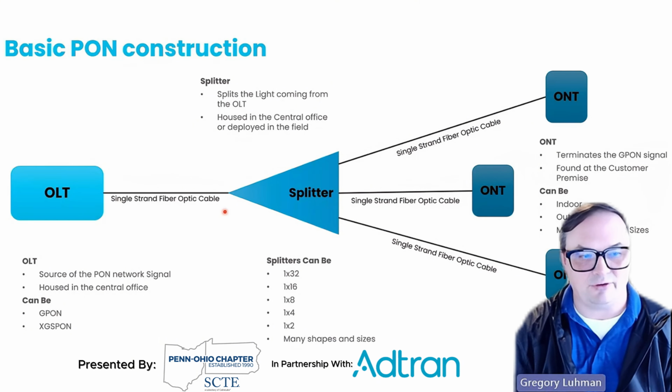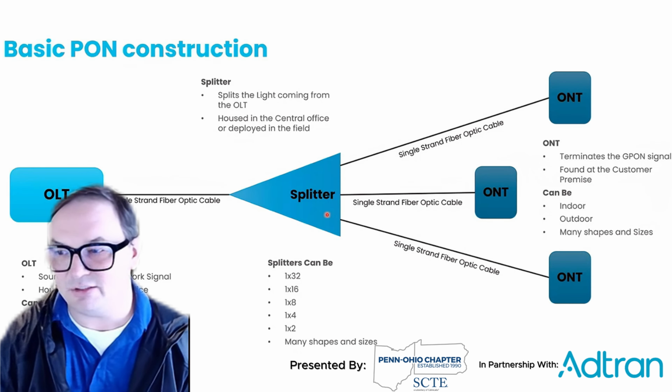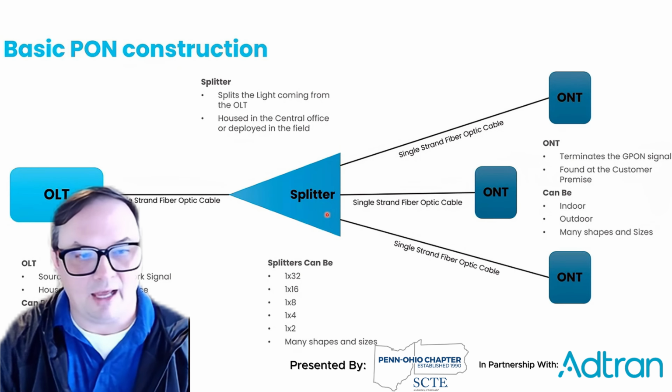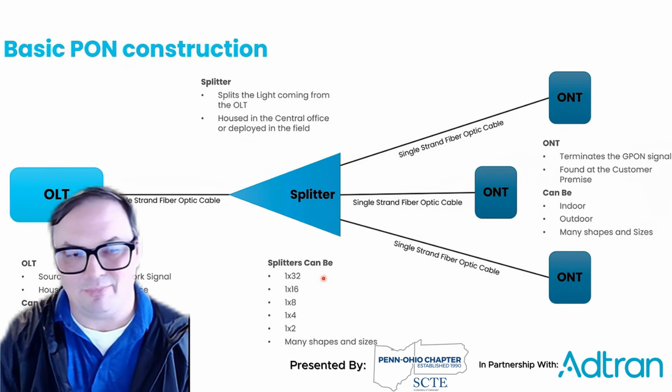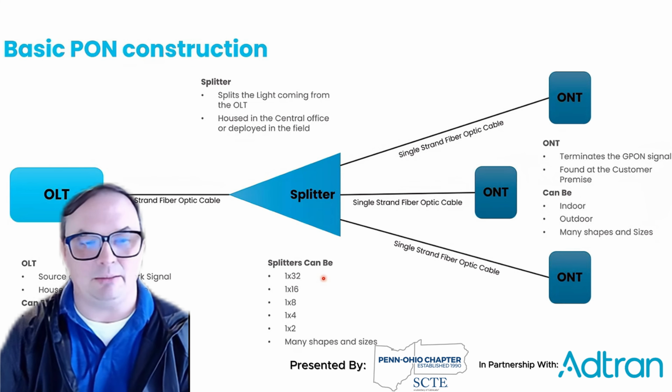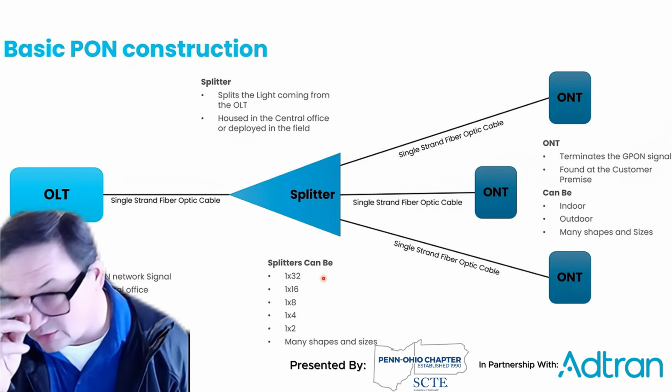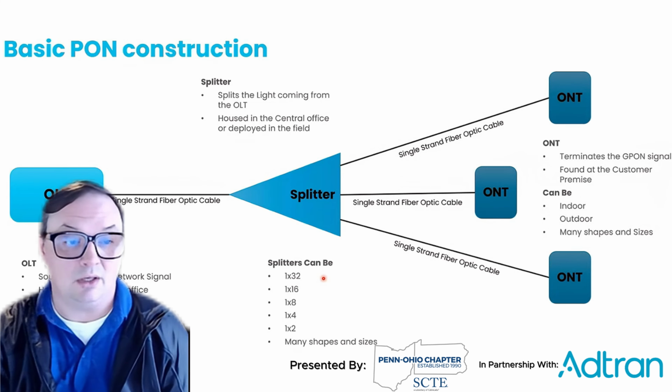We take a single strand of fiber optic cable, come out here to our magical splitter. This is a piece of passive gear that, again, does that port replication, if you will. These splitters, though, can be many different shapes and sizes. They can also be different split ratios.